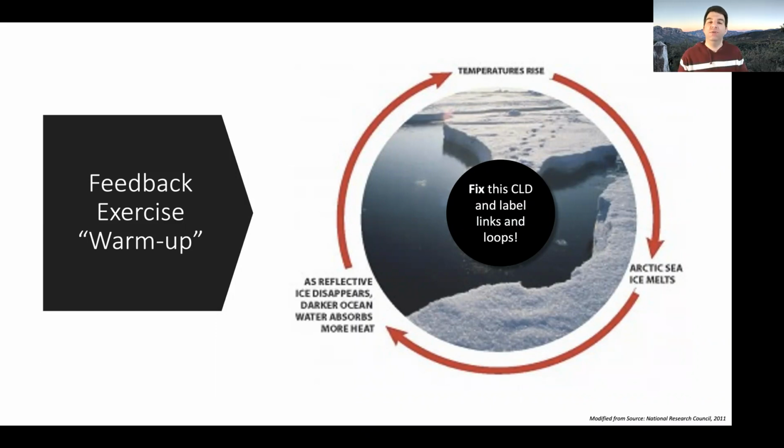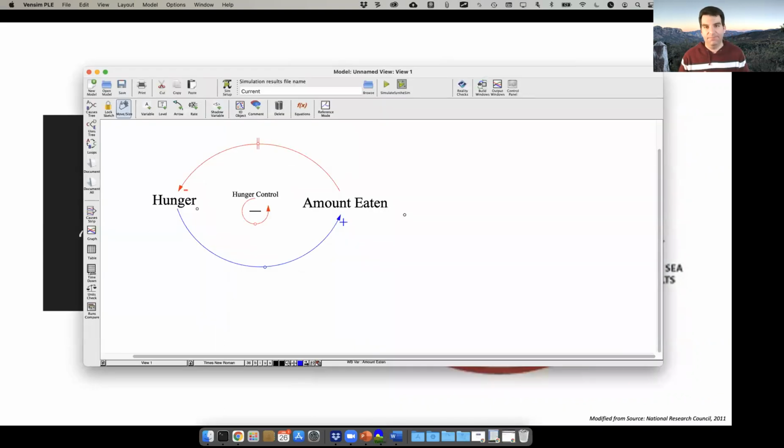They were trying to communicate in this diagram that climate change generates a vicious cycle, a positive feedback that has a negative outcome. It's supposed to communicate the same thing as a causal loop diagram, but it isn't a good causal loop diagram.